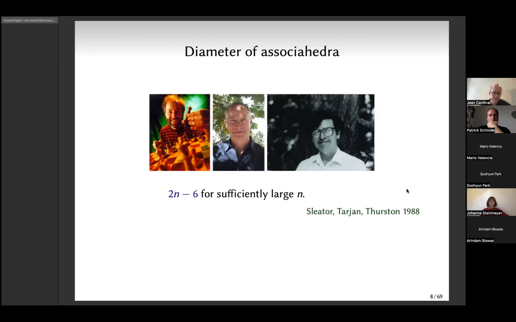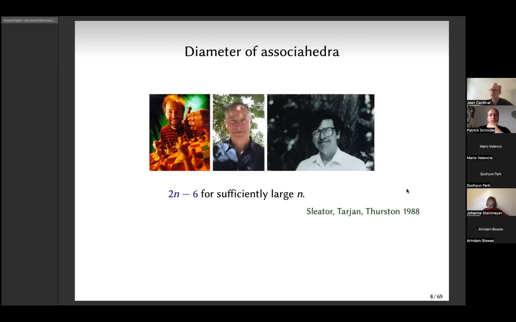And in this famous paper from Sleator, Tarjan and Thurston, Sleator and Tarjan were motivated by applications to data structures. They're computer scientists. They invented the splay tree and many data structures, and they were interested in the cost of these data structures, like how many rotations you have to do to access the elements stored in a binary search tree.